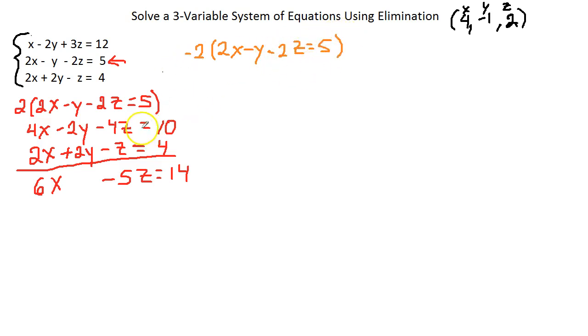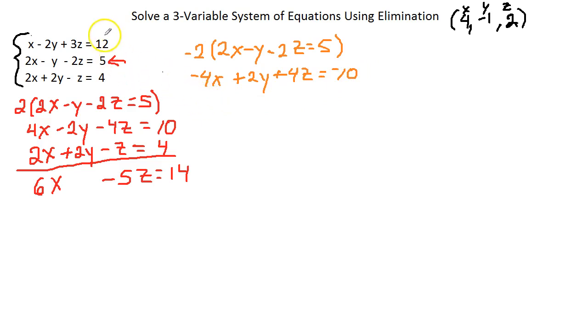And what's going to happen is I'm going to get the same thing I got down here, except all the signs are going to be different. So negative 2 times 2x is negative 4x. Negative 2 times negative y is plus 2y. Negative 2 times negative 2z is plus 4z. Negative 2 times 5 is negative 10.